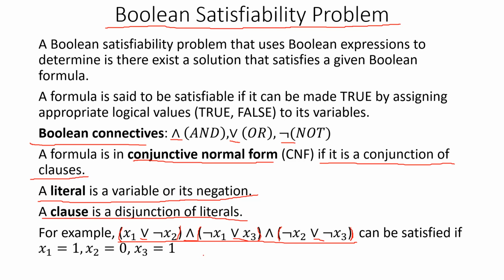Our problem is to find a case where this formula can be satisfied, or this formula will be true. Again, this problem is NP-hard. It means that the solution to this problem takes more than polynomial time complexity. In order to solve this problem, we just need to guess every possible value for these literals.